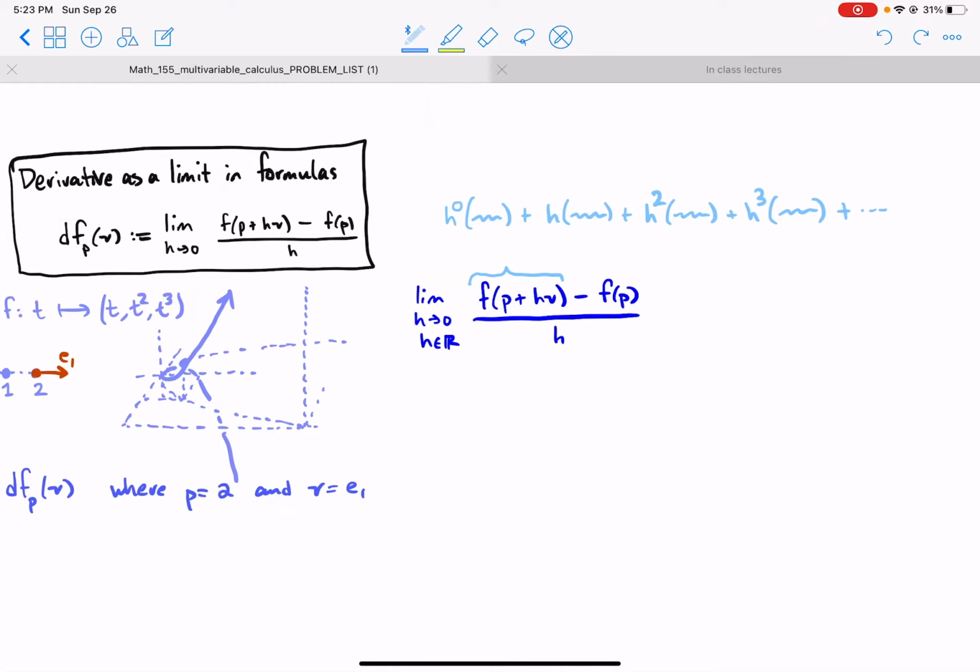Now why? Well, f of p will cancel the constant piece.